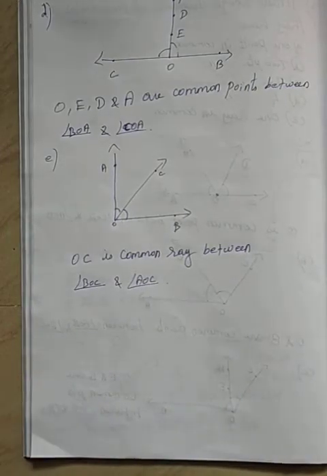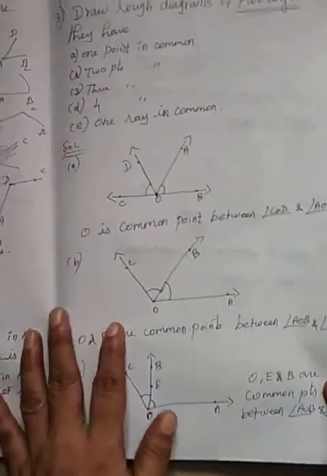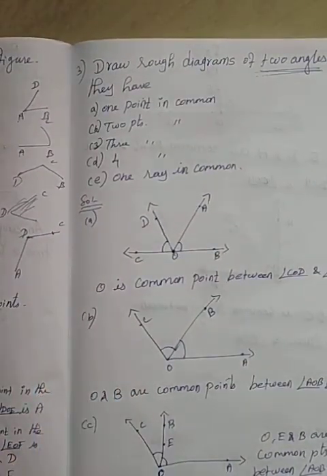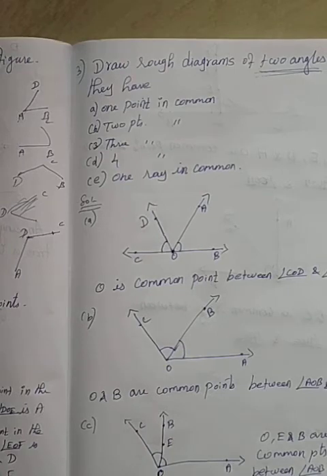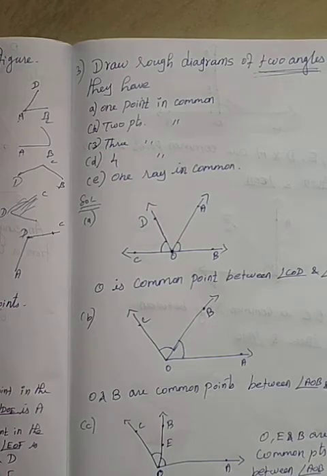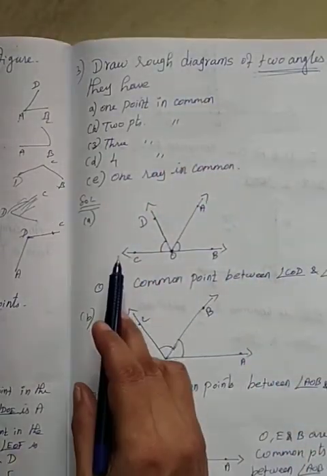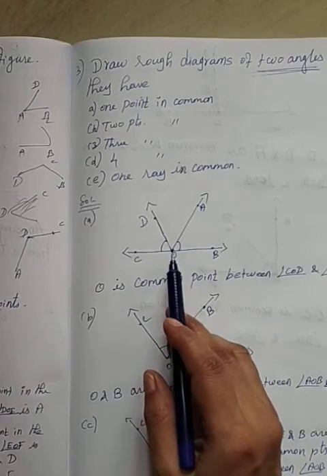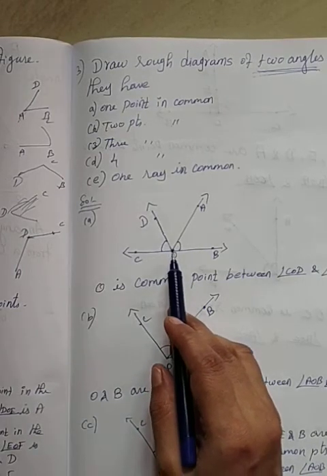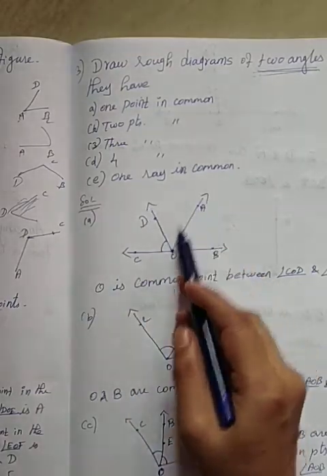Everybody clear? Okay. See, what is the question? In this one, you have to draw a rough diagram of 2 angles such that they have 1 point in common. You need 2 angles, 1 point common. So see this diagram. Okay. 1 point is O. 2 angles means this angle and this one.